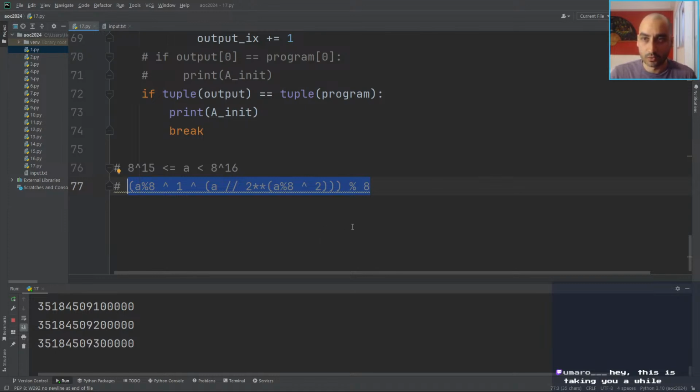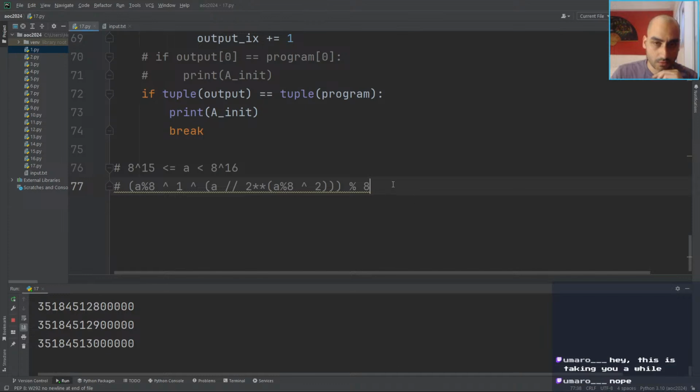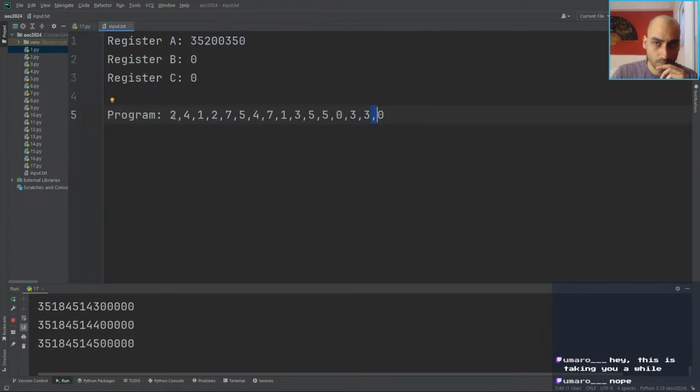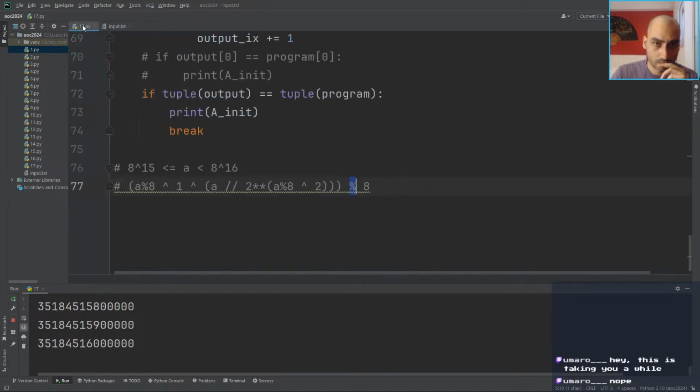Okay, this is taking you a while. Well, have you done it already, Amara? I mean, that formula is complex enough that I don't think there's any period or any pattern here.